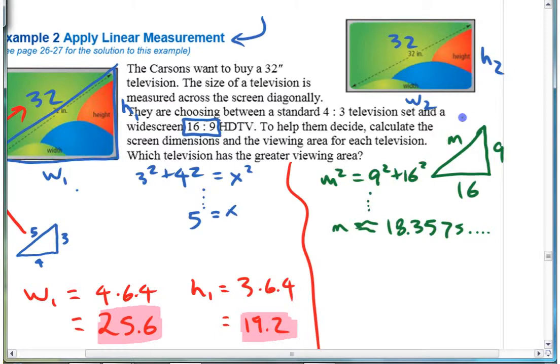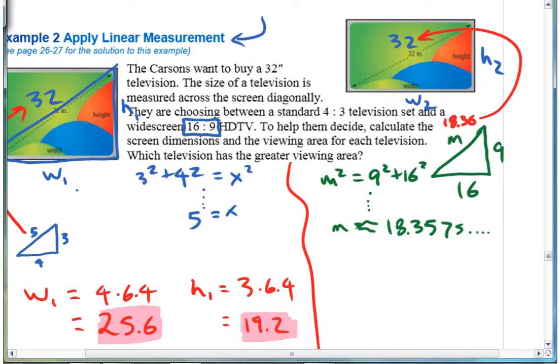Once I know that number, then I can work out the scale factor for this side. If you know that this is roughly 18.36 and this is 32, figure out the scale factor.